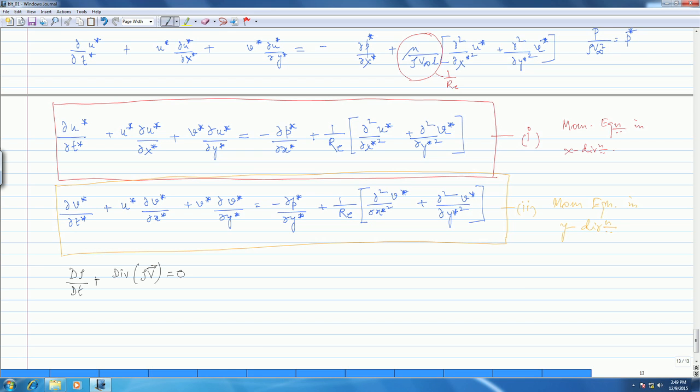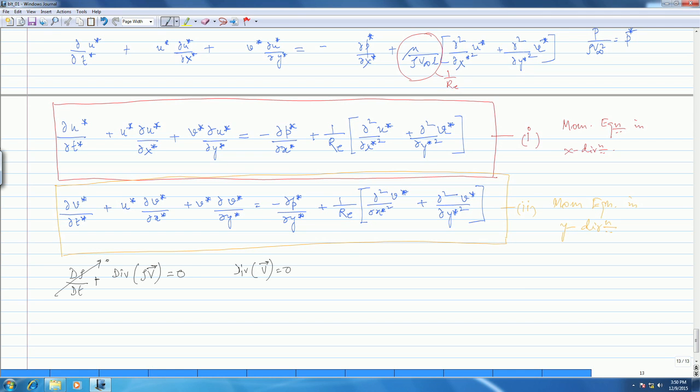Now, let us take a steady case, so this term will go away. Let us take it incompressible, so that the rho term can be taken out. Finally, what we are left with is divergence v equal to 0.